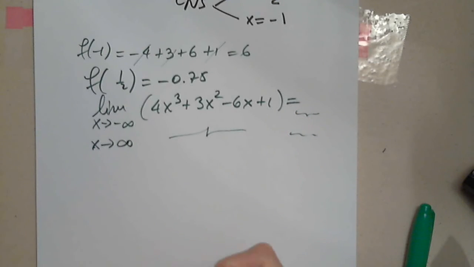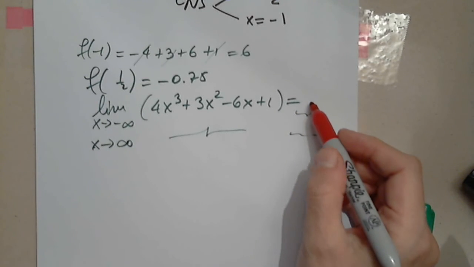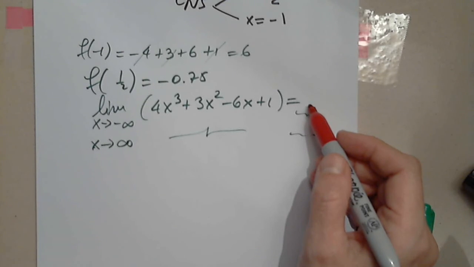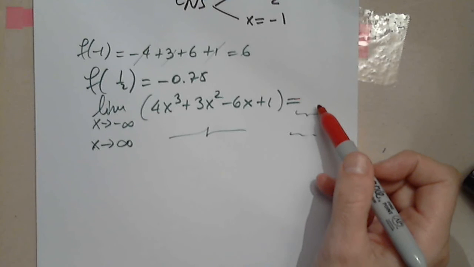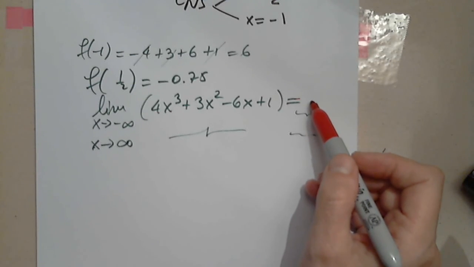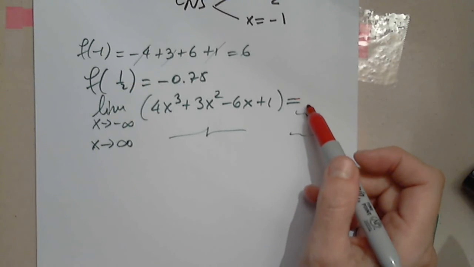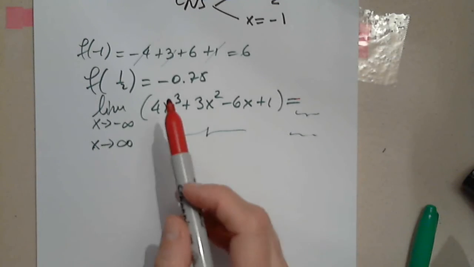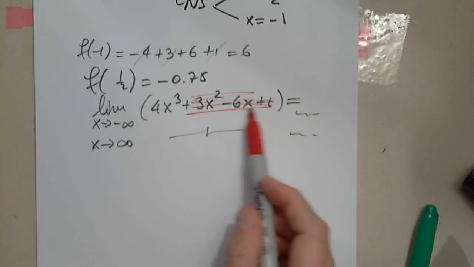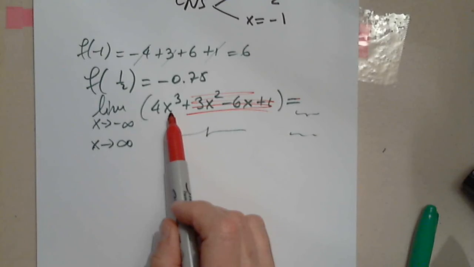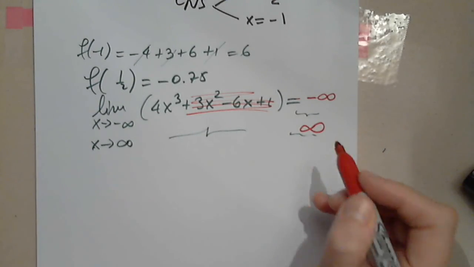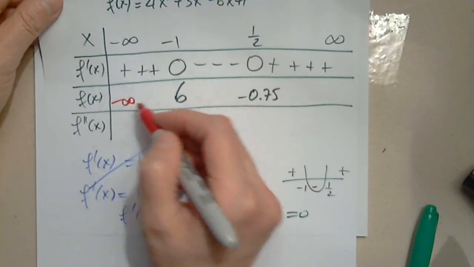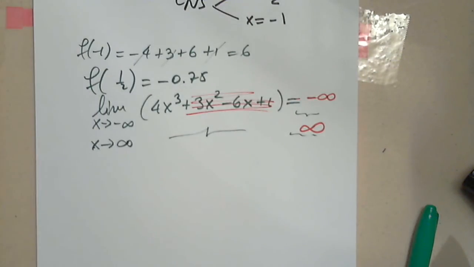Anyone? Maybe you said it, but I couldn't hear it. Anyone? Degree is 3. All these don't count. Too small. Negative infinity to the third power. Negative infinity. Yeah. Good. Perfect. So negative infinity and infinity.